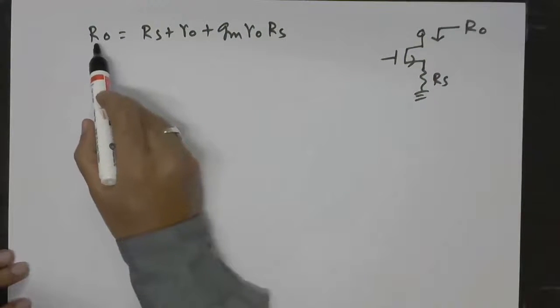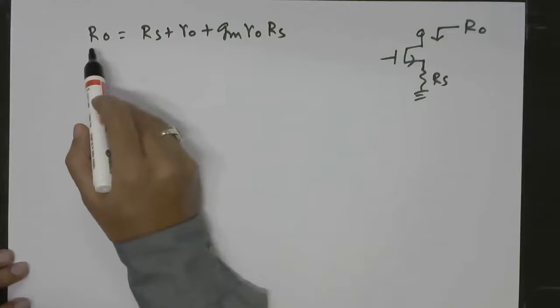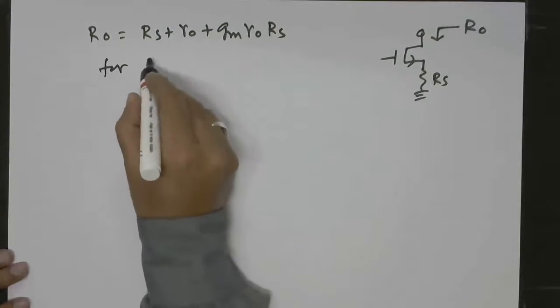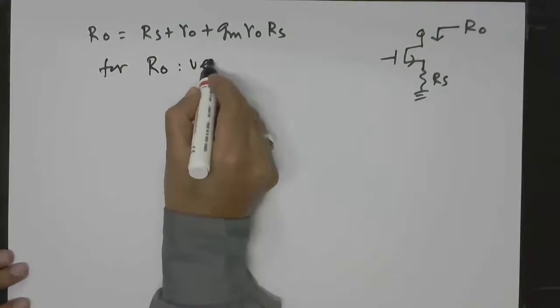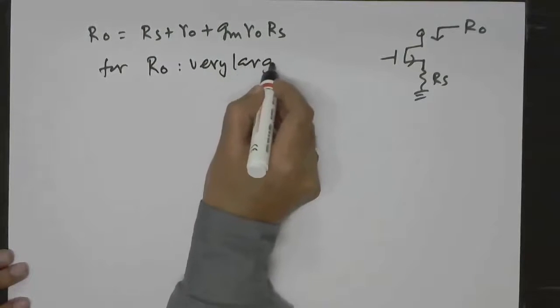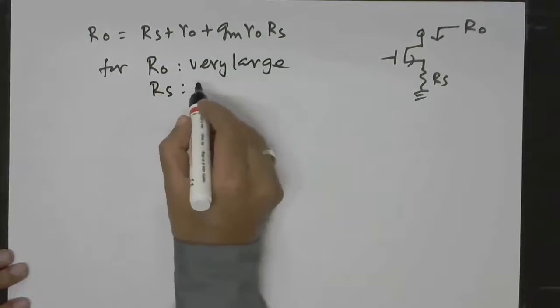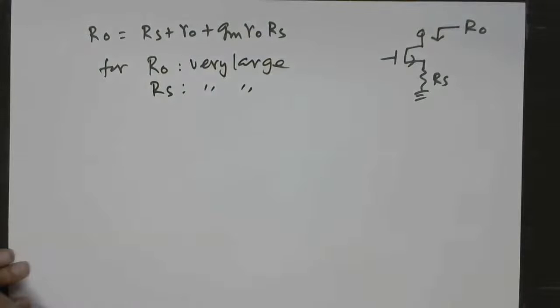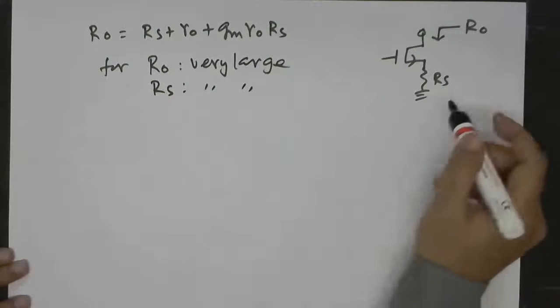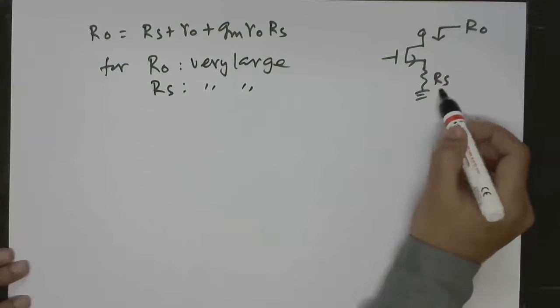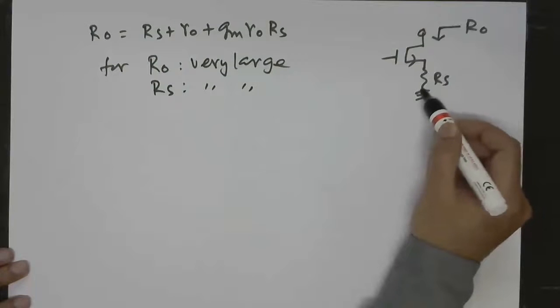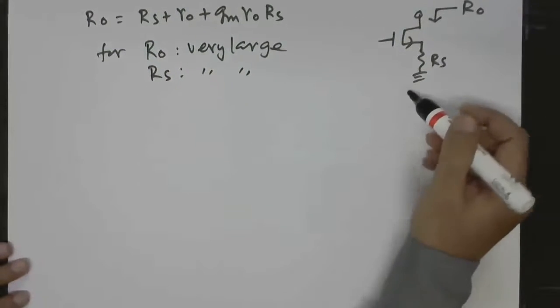Since we want R0 to be very large, RS should also be very large. The simplest way to implement a large RS is to use another MOS.